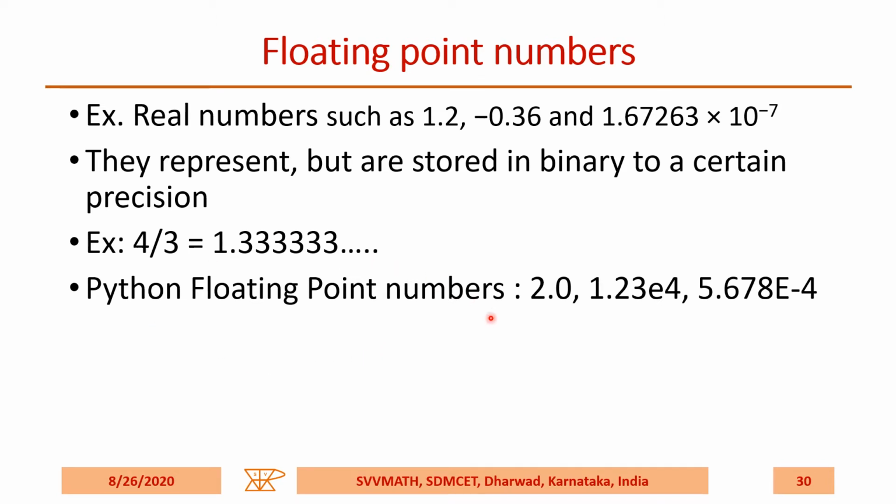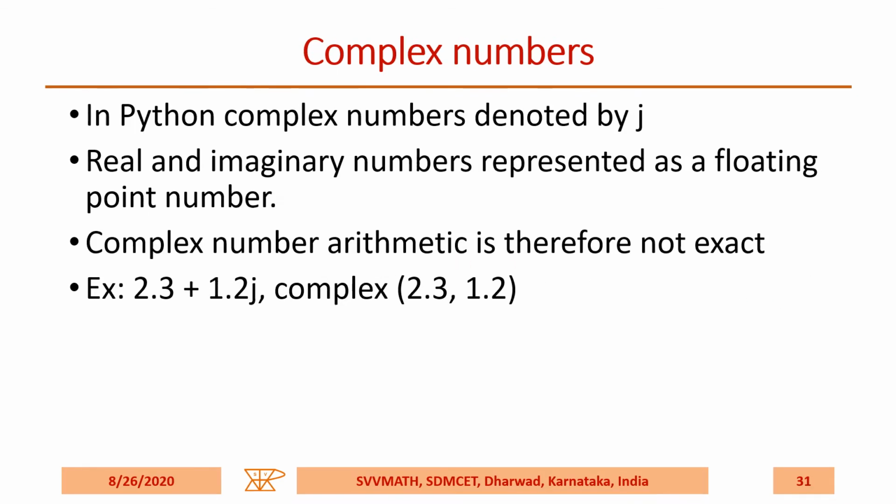Python floating point numbers, examples are shown here: 2.0, 1.23e4 (capital E also you can use, lowercase also you can use), 5.678e-4. Python supports complex numbers also, but denoted by j.